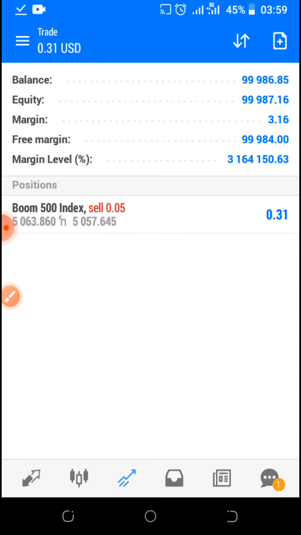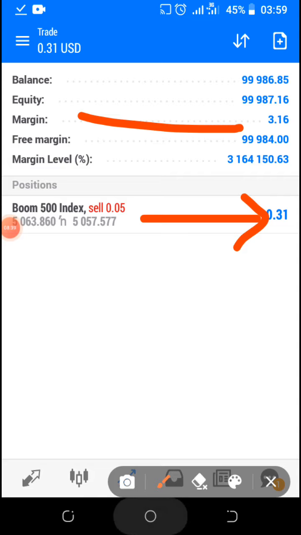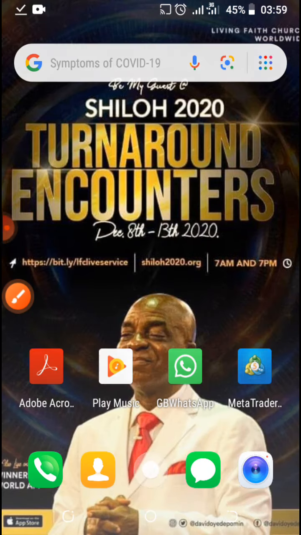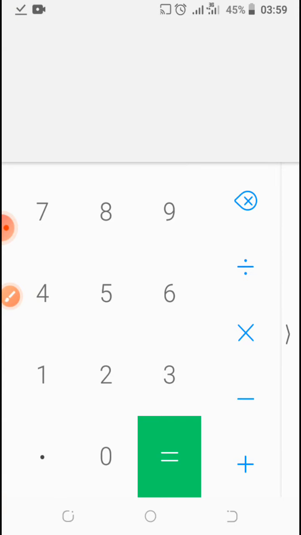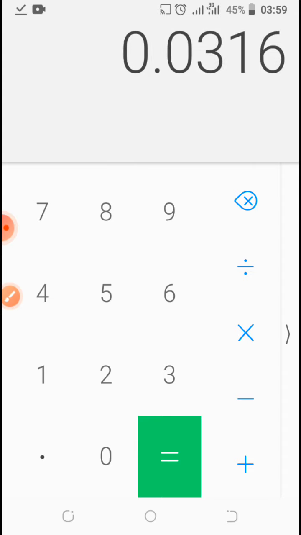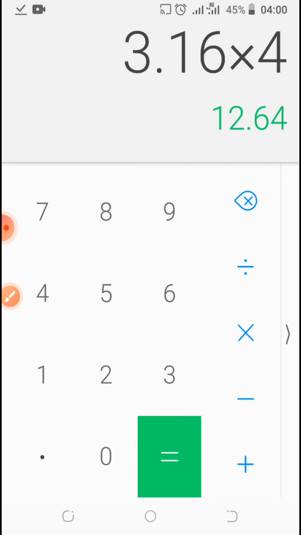So for a Boom 500 market that has a margin requirement of 3.16. Of course, we all know that the default lot size we can trade is 0.2. So if 0.05 gives you 3.16, it therefore means that a lot size of 0.2 will give you 3.16 times 4, because 0.05 times 4 gives you 0.20.